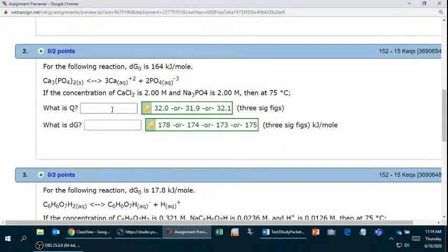Calcium chloride, assume 2 molar, then what's delta G at 2 molar?